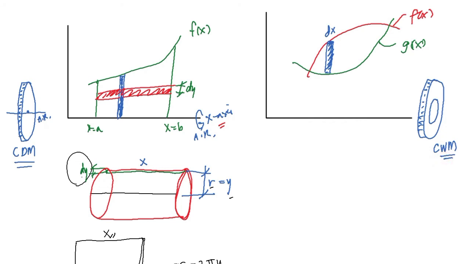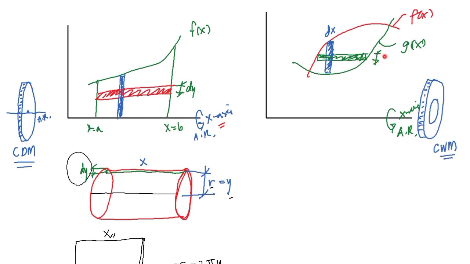Now, dito sa case ng cylindrical shell method or the CSM, what we are taking here is the horizontal strip, if we are going to revolve this figure in the x-axis as our axis of revolution. So, what will happen in this case?